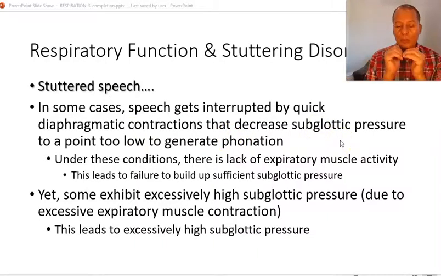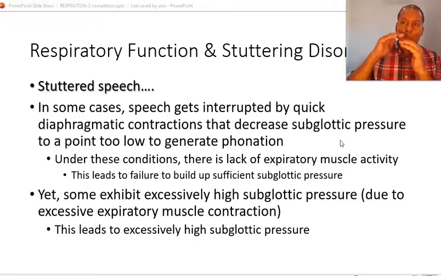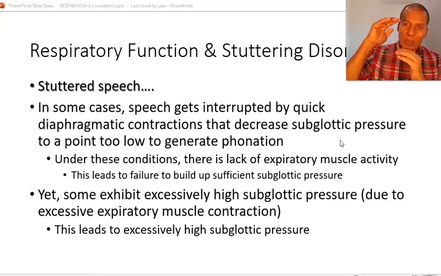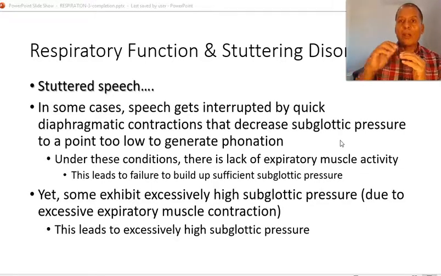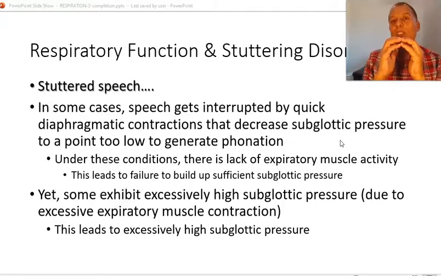Imagine while you are exhaling, the diaphragm should be rising, and that will put more pressure on the lungs to narrow their volume, to increase the pressure of the air going out. But instead of rising, when the diaphragm contracts, it's going to go down.